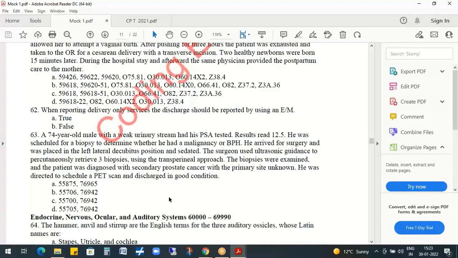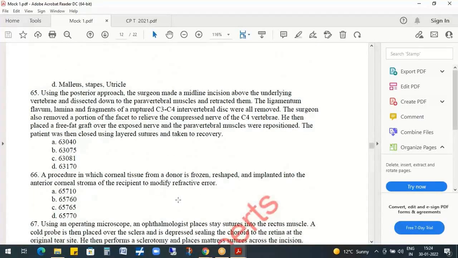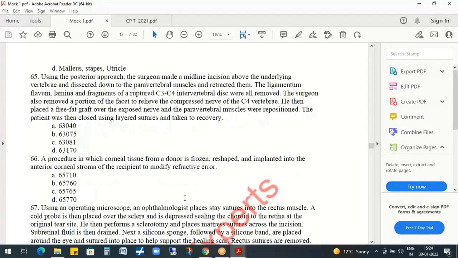Can you go with delivery services? Shobha, the 59431 series. Someone has asked me about 60. 66.